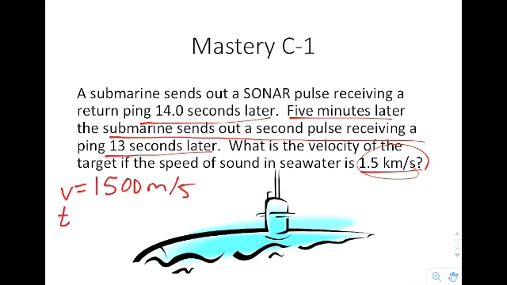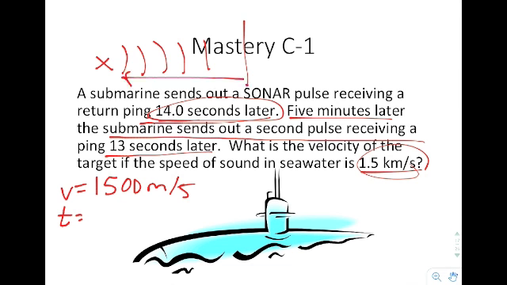The first thing is I have a signal 14 seconds later. But remember that 14 seconds is the time that it takes to receive the signal back. So if I emit a signal here, it hits something and then travels back, only half of the time is it traveling here, and the other half of the time it's traveling back. So this 14 seconds actually has to be cut in half to 7 seconds. So now we have the 1500 meters per second. We have the 7 seconds.